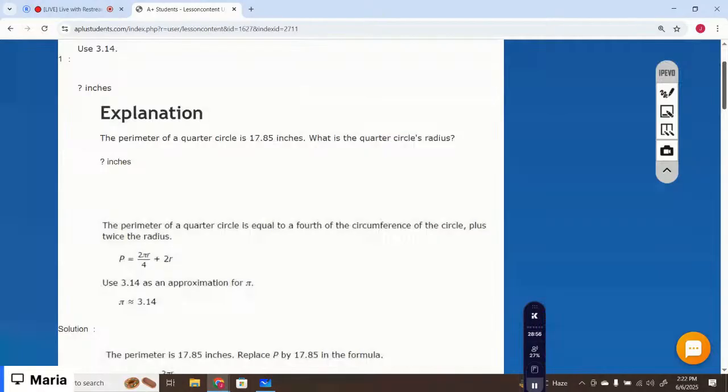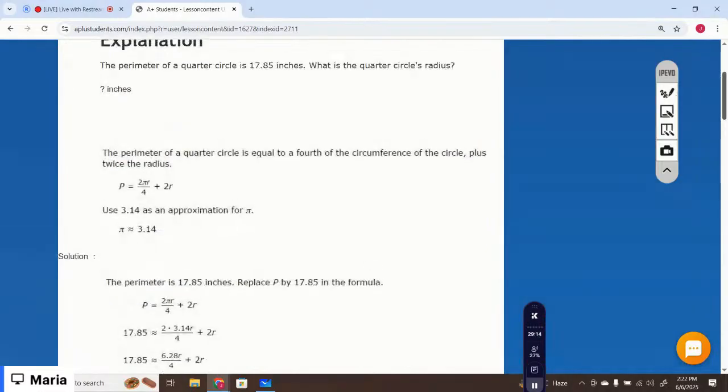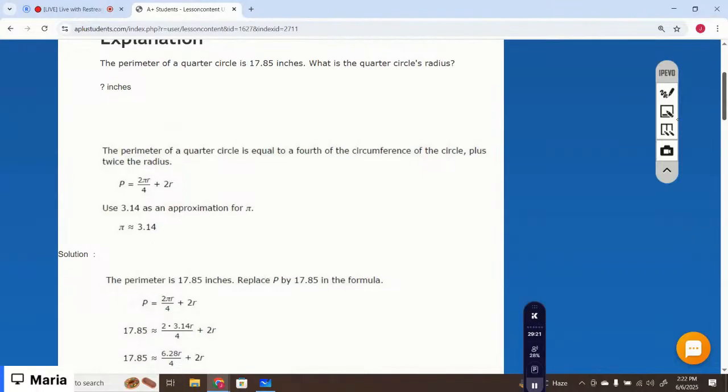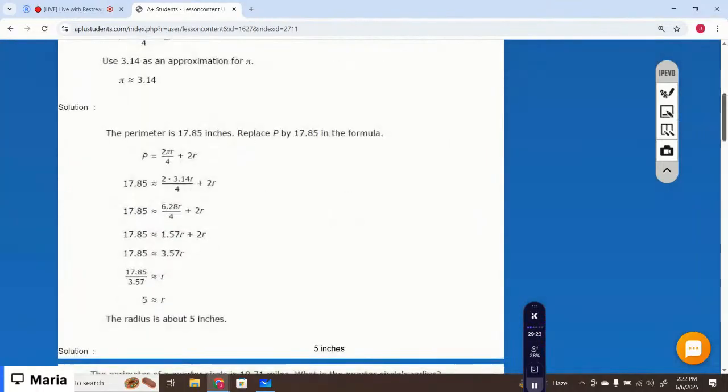The perimeter equals 2 pi r over 4 plus 2r. So let's just put the values, that is perimeter equals 17.85. So the correct option is r equals 5 inches.